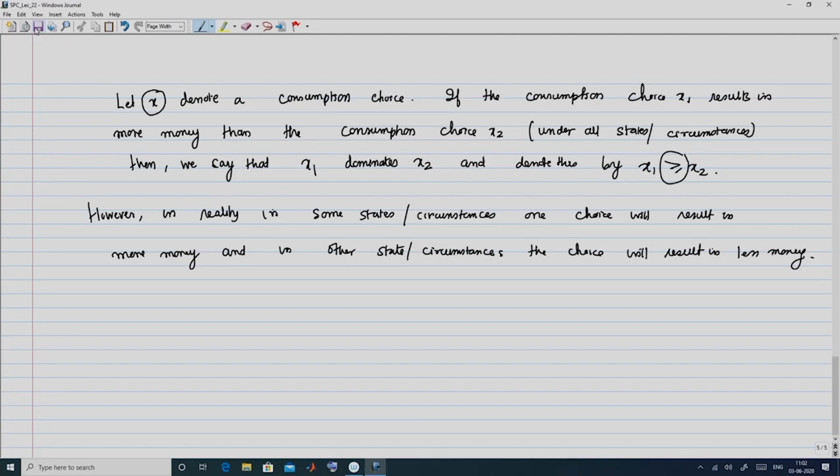So, obviously, this brings us to the question of how we can make a consumption choice. So, the next thing we will look at is comparing consumption choices.